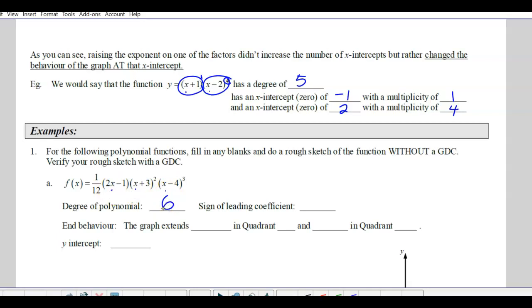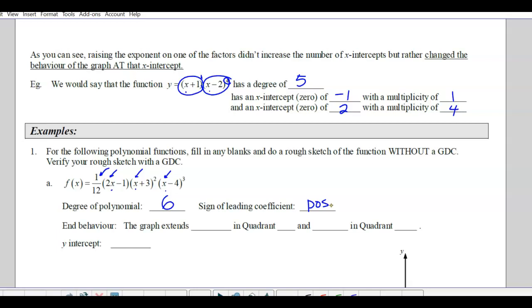Sign of the leading coefficient. So you need to be careful. It's not necessarily the a value. You just need to check, make sure all of these are positive, which they are, so then it is positive. And behavior, so the graph extends, does it go up or down, in which quadrants? So this is a little bit back to yesterday and a little bit from today. This is degree 6, so it's an even degree.